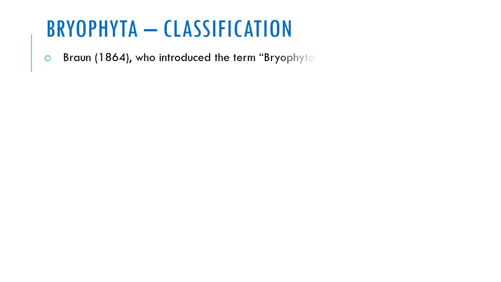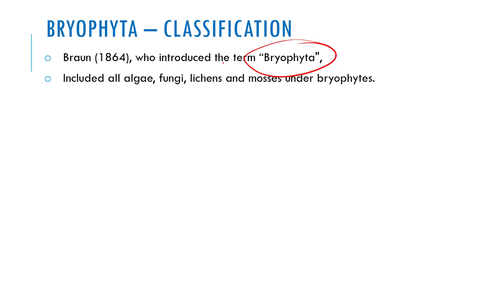So first of all, this particular gentleman, Braun, in 1864, introduced this term which we have used many times, Bryophyta or Bryophytes. The classification which he did about the Bryophyta, as you can see, is very crude and very non-scientific, as he included algae, fungi, and lichens in the bryophytes.